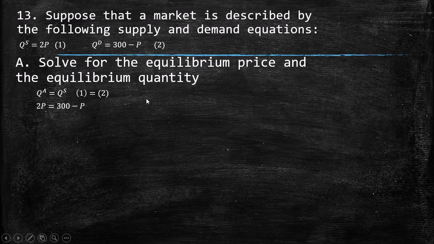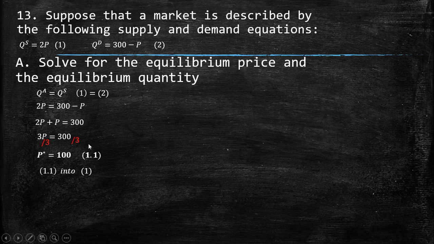So here I just set equation 1 equal to equation 2. I can pass this one, subtracting here, to the other side, adding, and we have 3p equals 300. I can divide both sides by 3 and I have the equilibrium price, which is $100.